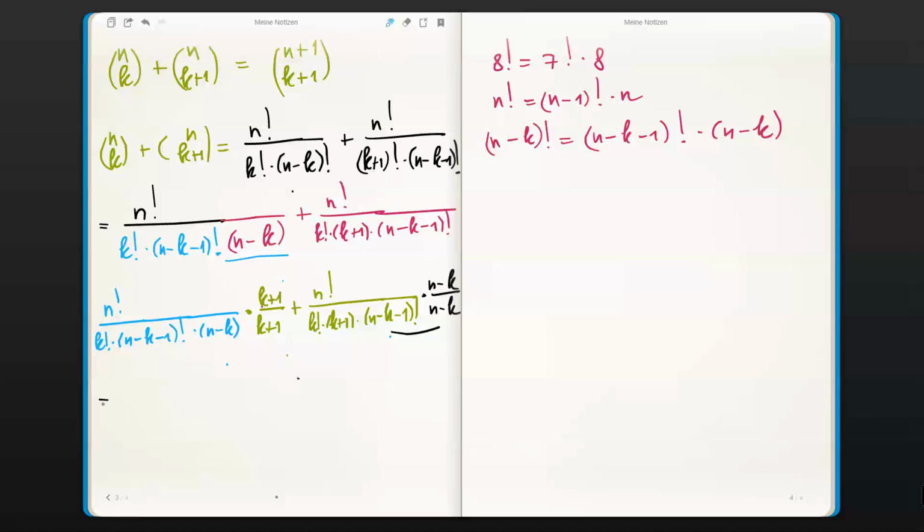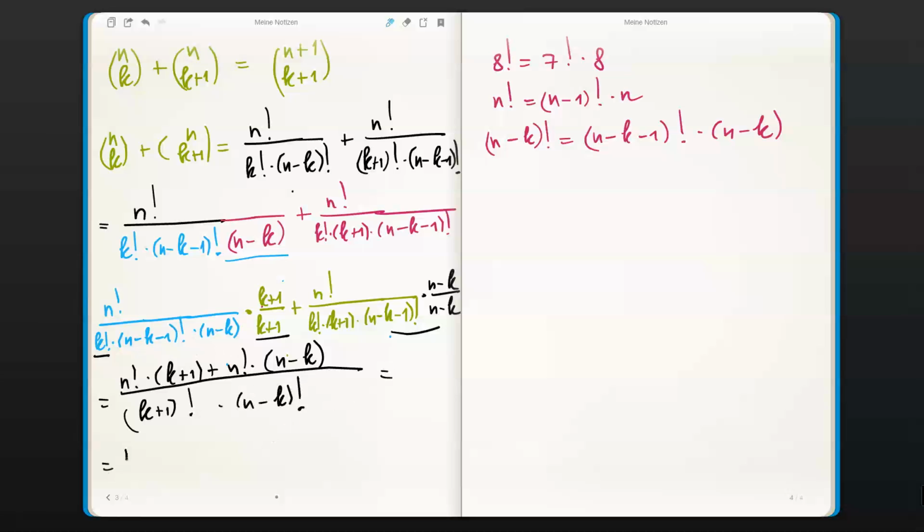Now we have two equal denominators, as you can see. So we have n factorial times k plus 1, and then we add n factorial times n minus k, divided over k factorial times k plus 1, which is k plus 1 factorial, and n minus k minus 1 factorial times n minus k, which is n minus k factorial.